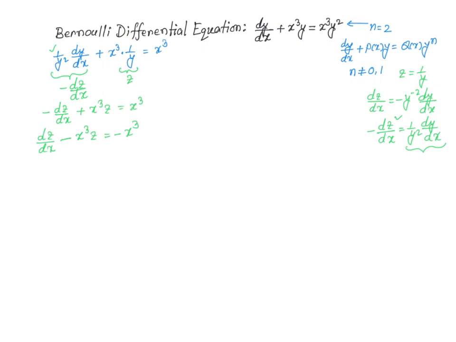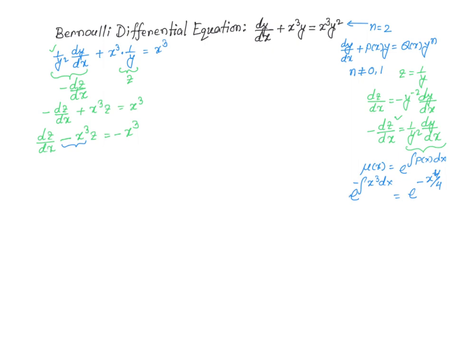So my integrating factor is going to be mu of x is equal to e to the power integral p of x dx. My p of x is the coefficient of z. That's going to give me e to the power integral negative x cubed dx, which is going to be e to the power negative x to the power 4 over 4, because the integral of x cubed is x to the power 4 over 4.